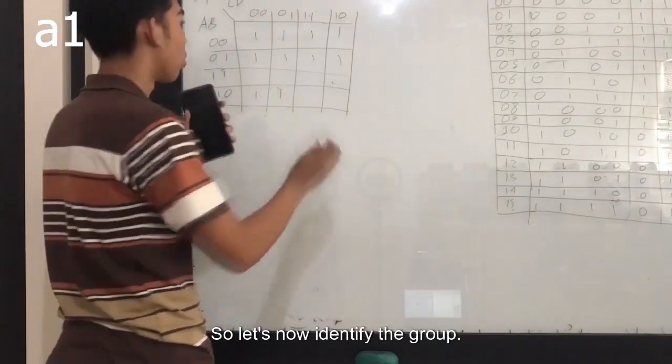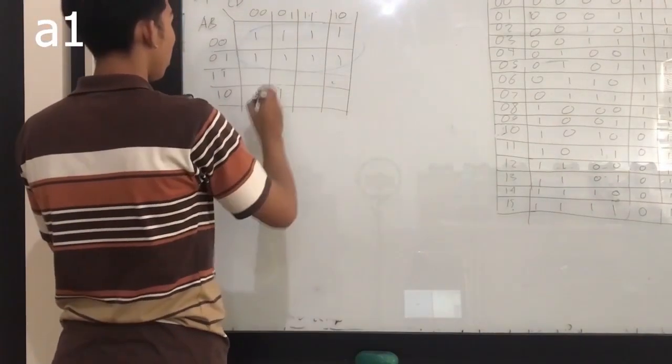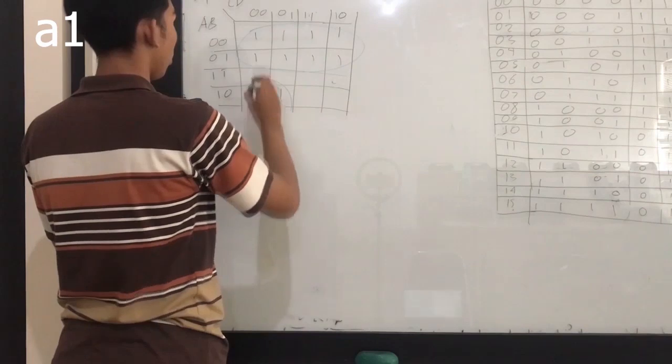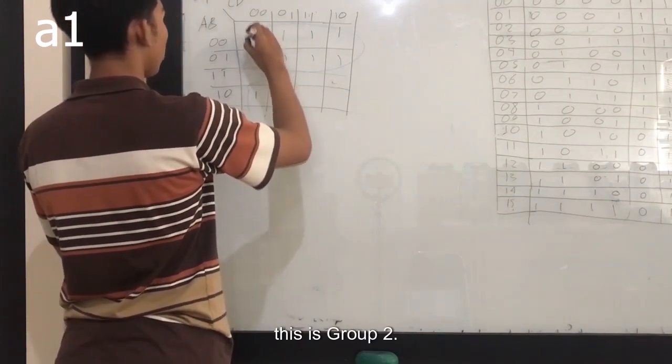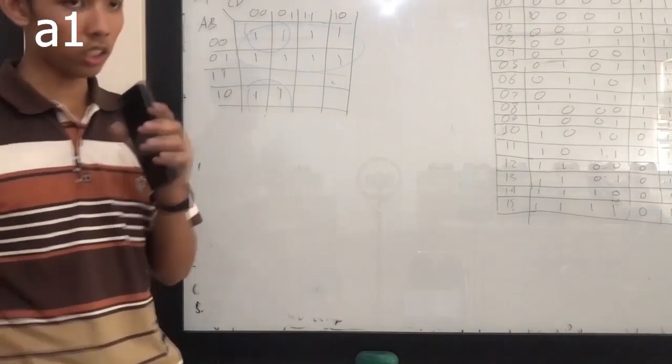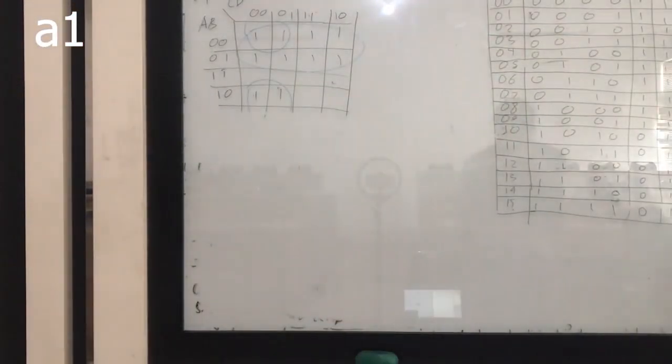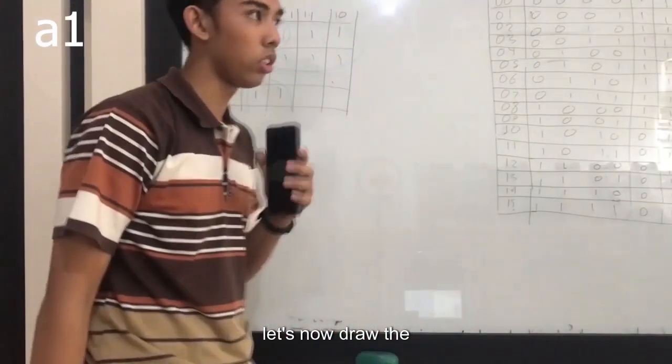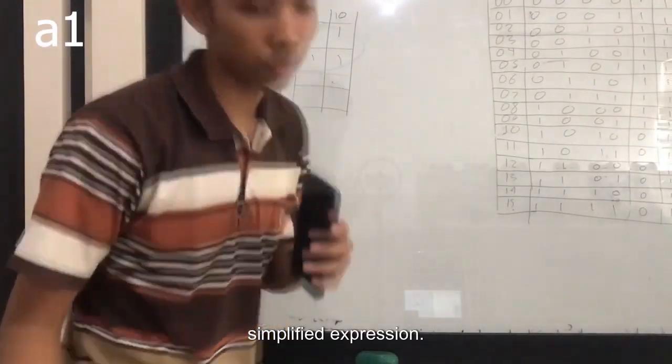So let's now identify the groups. So this is group 1, this is group 2, this is group 2. So let's now draw the simplified expression.